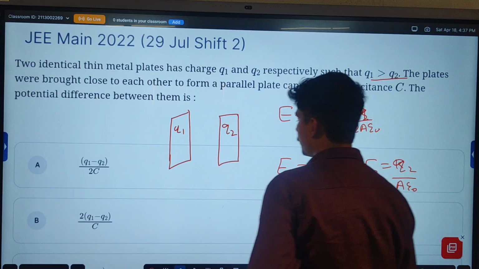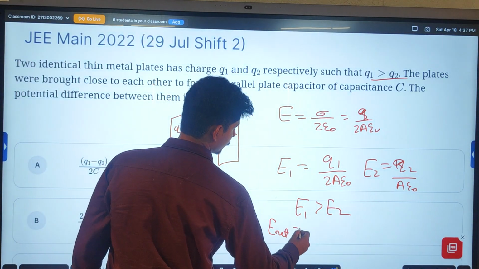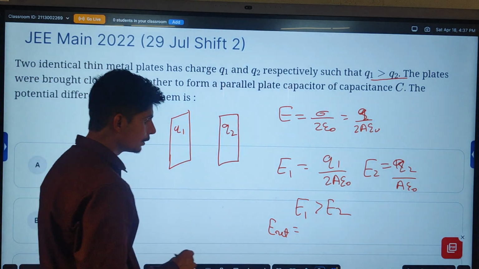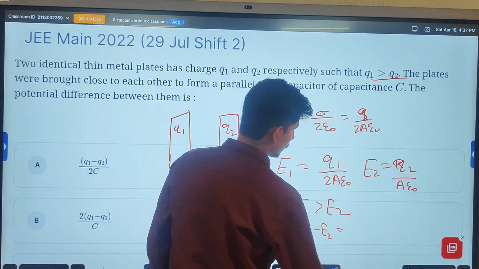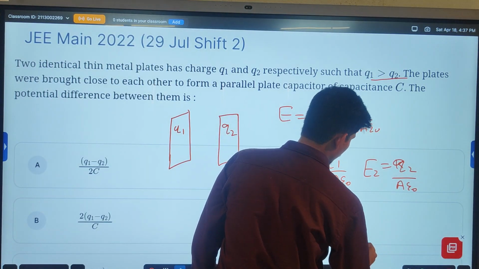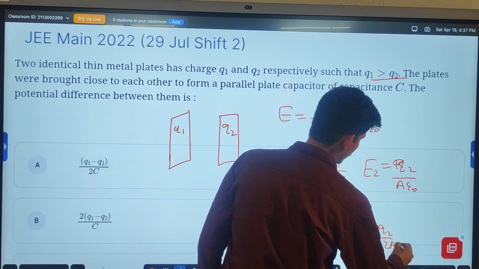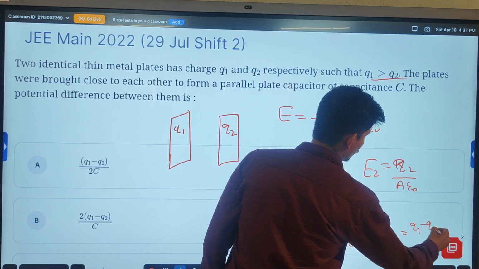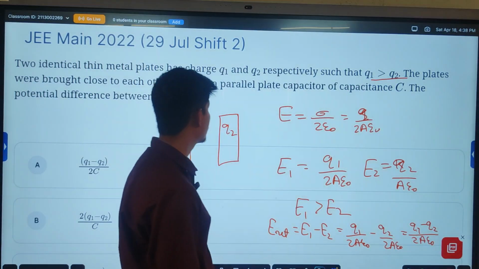So the net electric field, E net, can be written as E1 minus E2, which is Q1 by 2A epsilon naught minus Q2 by 2A epsilon naught, that is Q1 minus Q2 by 2A epsilon naught. This is the net electric field.